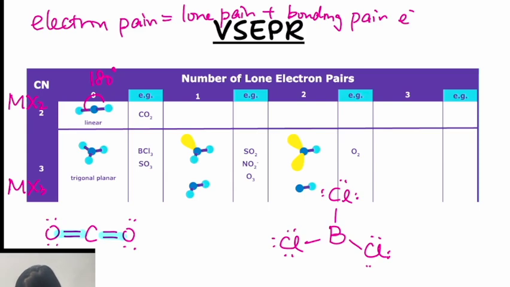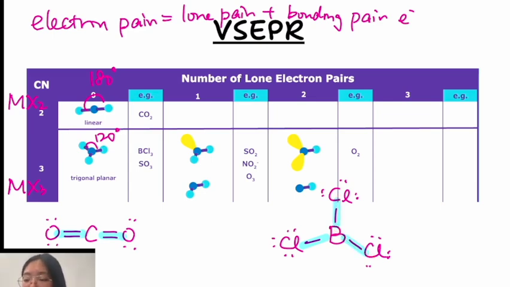Again, it has only 3 electron pairs, 1, 2, 3, with no lone pair. If you want these 3 electron pairs to be as far away from each other as possible, then the structure they form will be this trigonal planar shape. On this plane, they are 120, 120, 120 away from each other. This minimizes the repulsion between the electron pairs.